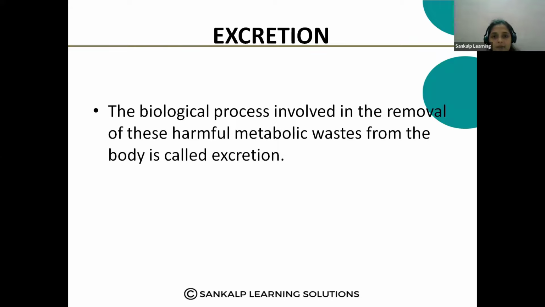Already you know that some waste products are produced in our body that should be eliminated from our body. What happens if the waste material is there in our body?